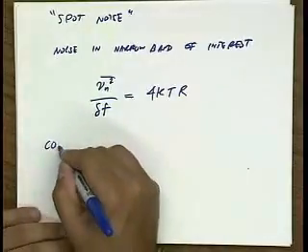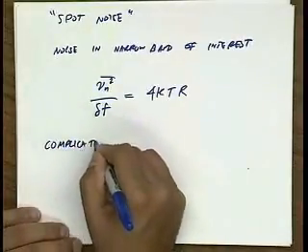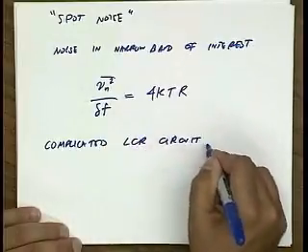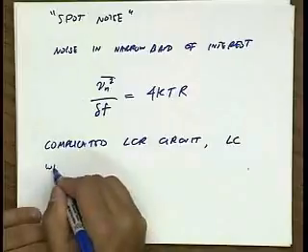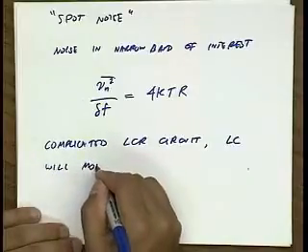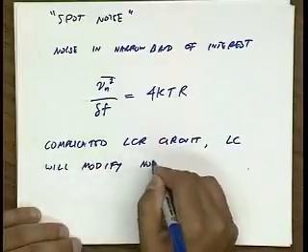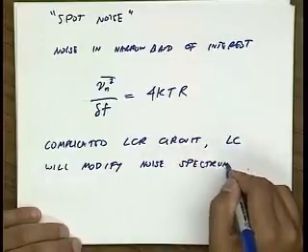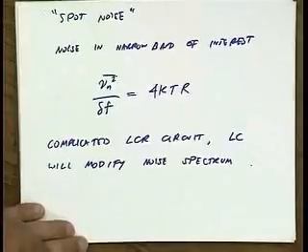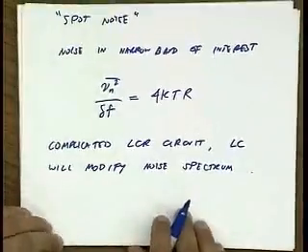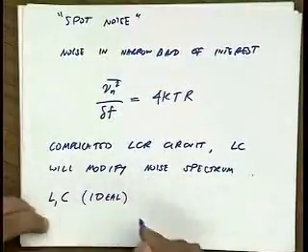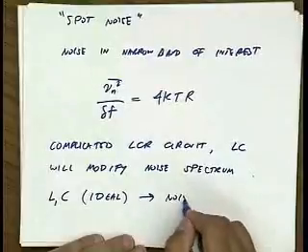So for a complicated circuit, the LC will modify the noise spectrum. Okay? We'll give an example of that. Now, one thing I should mention is L and C, or ideal L's and C's, are noiseless.